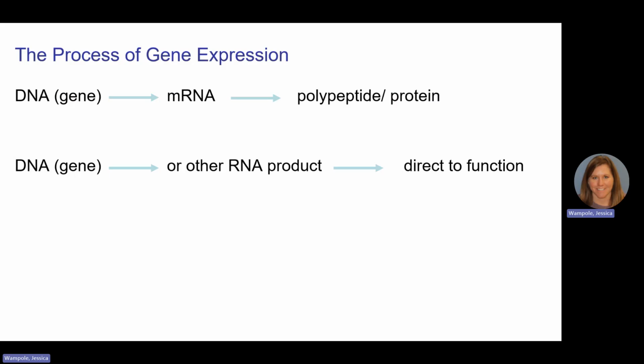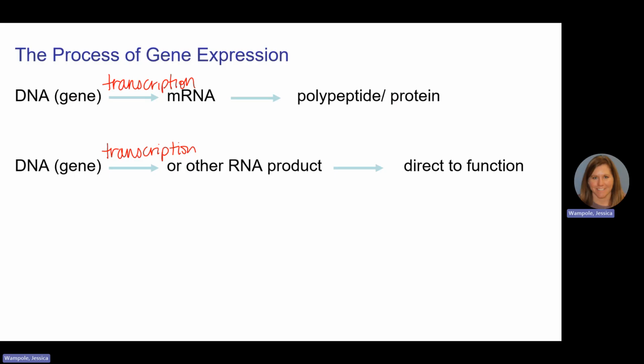Once those RNAs are built, then they are what functions. They don't necessarily code for a protein. So the process of transcription is what's going to get us from our DNA to our RNA. No matter what type of RNA it is, it's going to get us from DNA to RNA.